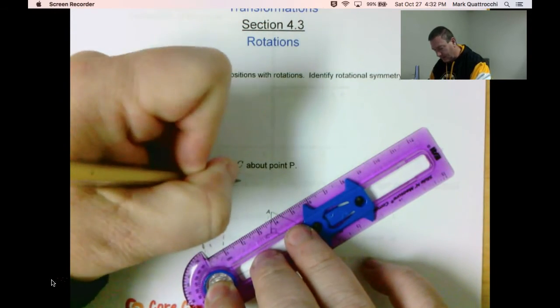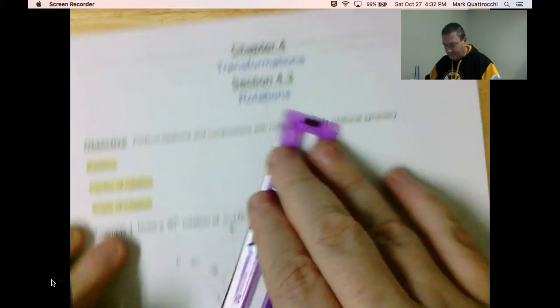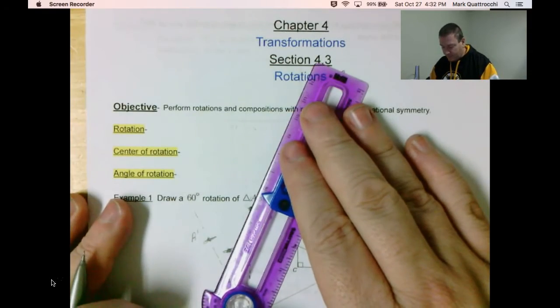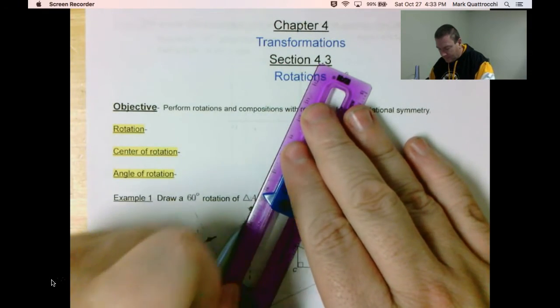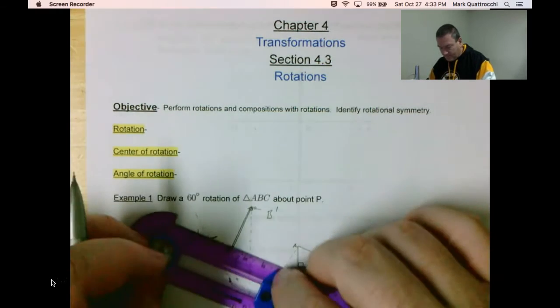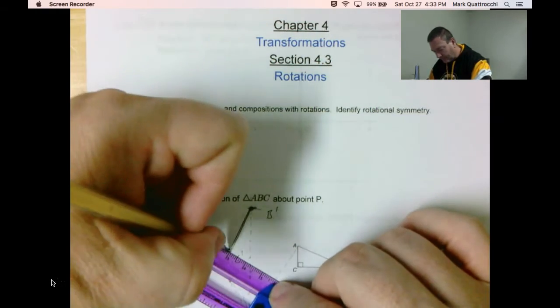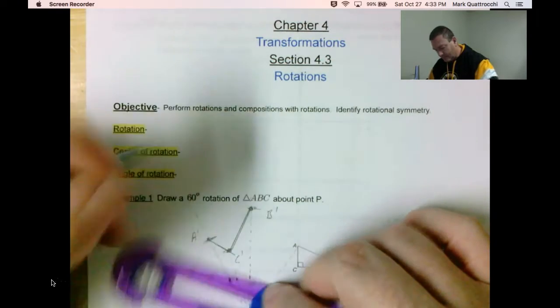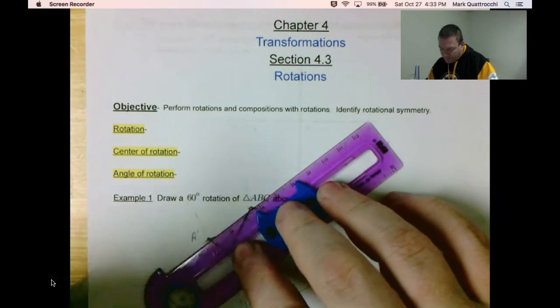There is B prime. And I can finish off the drawing, connecting A prime, B prime, C prime.